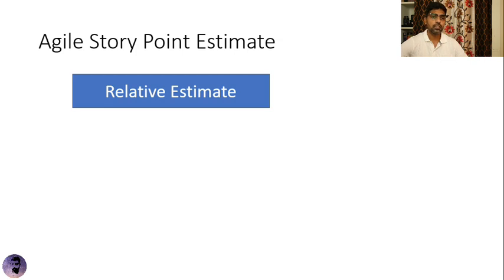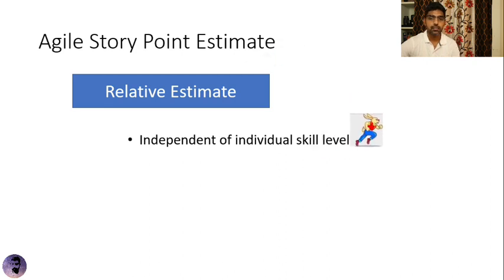What are the advantages of relative estimate, relative story point estimate in particular? The first is it is independent of individual team level skills. Let me explain this with an example. Let's take two persons, a rabbit and a tortoise, and if you ask them what is the time it's going to take to cover 1 mile between point A and B, in absolute estimate, a rabbit might say it might take 1 hour and a tortoise might say 2 hours.